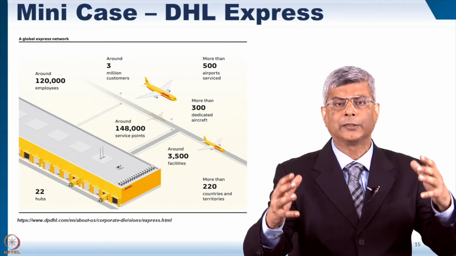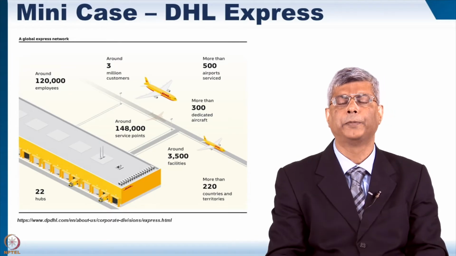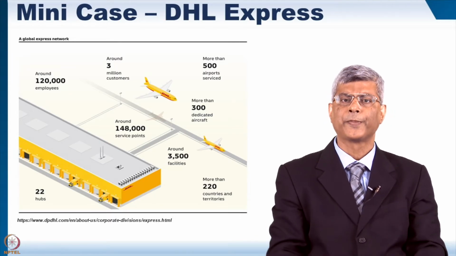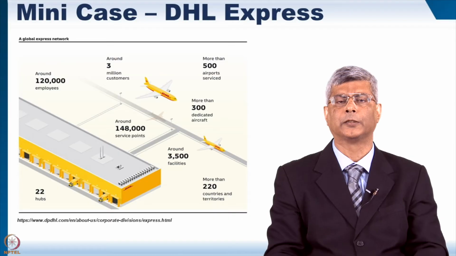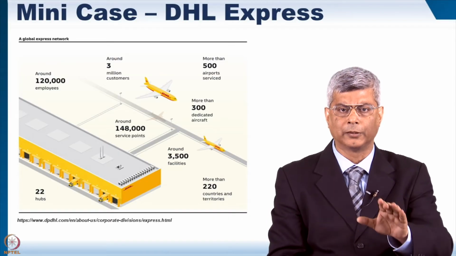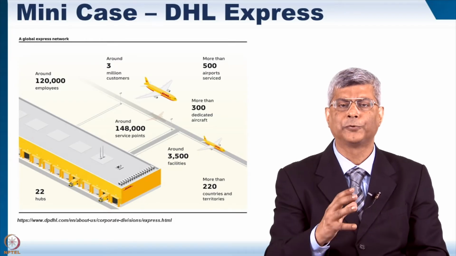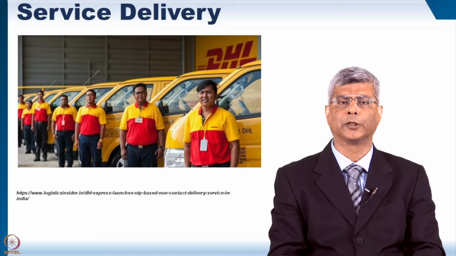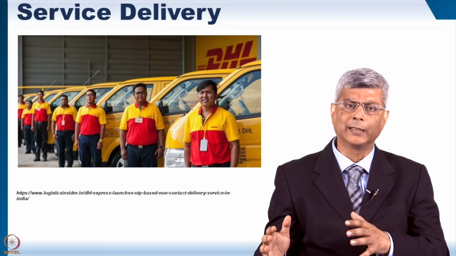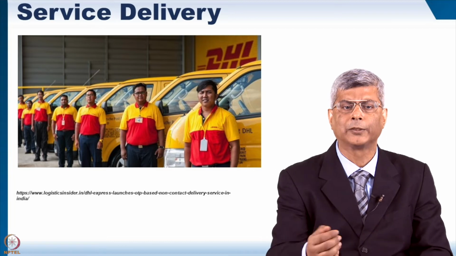But to deliver this service to millions of customers, you need a backbone of infrastructure. And this picture on their website, and you can click on the link below, gives you the backbone of the infrastructure. As I said, the planes will not come house to house, but you will get a delivery at your house.